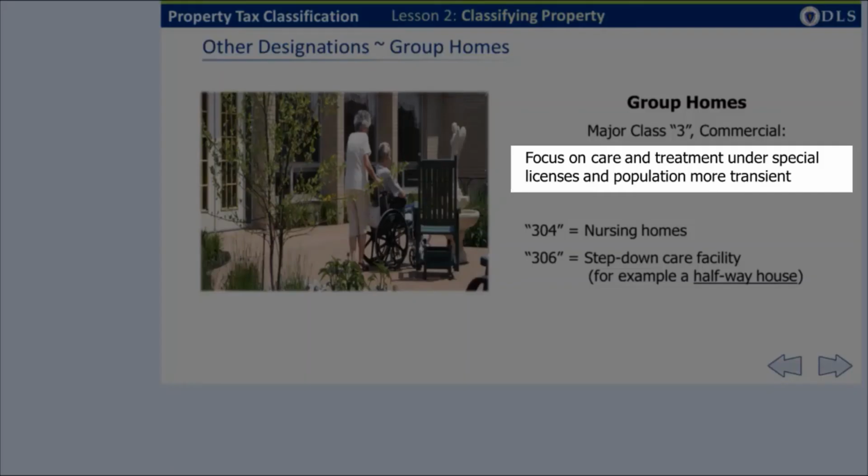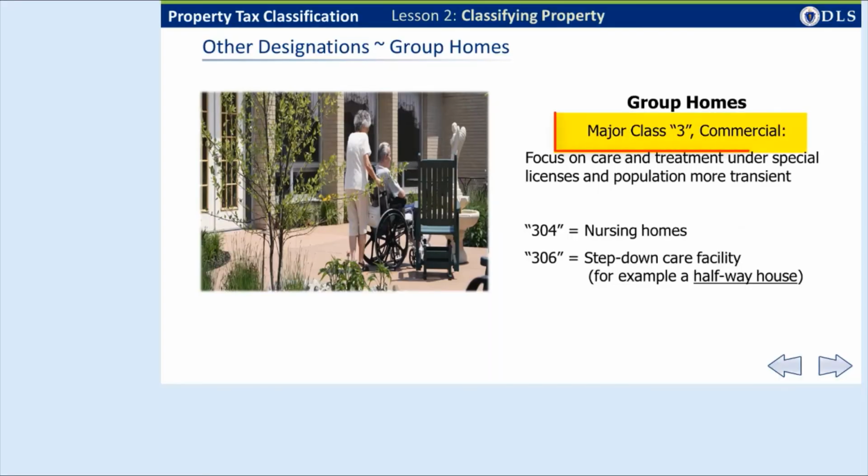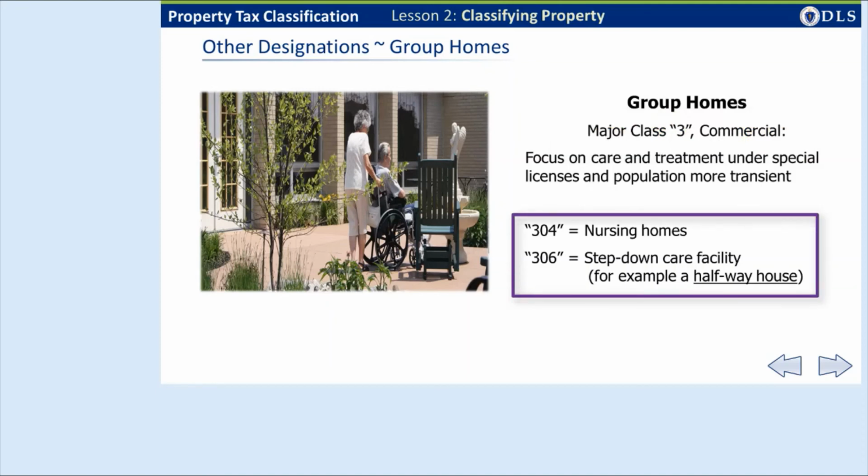However, facilities focusing on care and treatment under special license that generally serve a population that is more transient are classified under Major Classification 3, Commercial. Nursing homes are coded 304, and step-down care facilities, such as halfway houses, are coded 306.